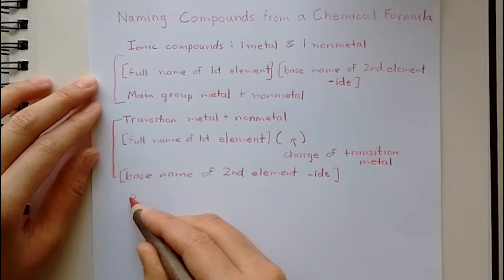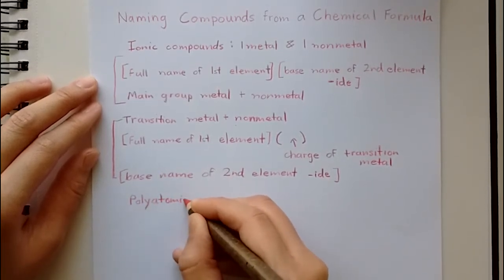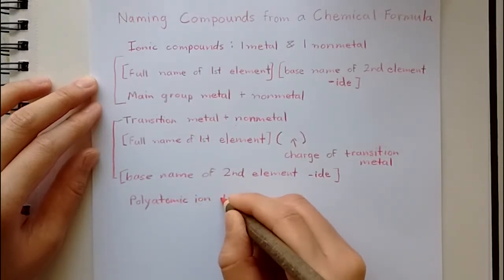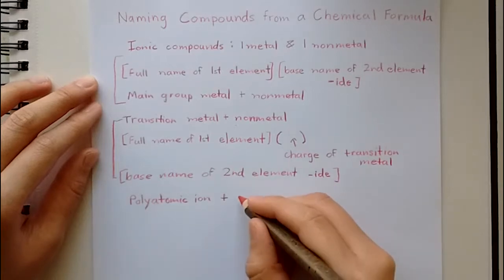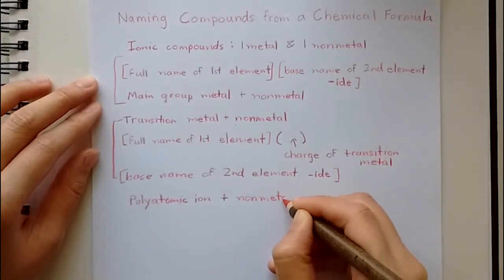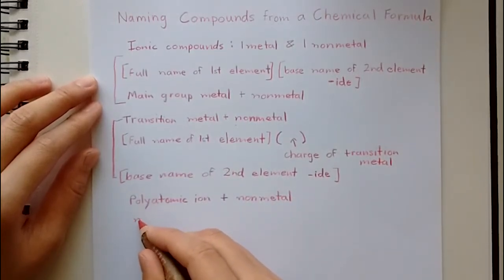So when you have that, you'll name the polyatomic ion.